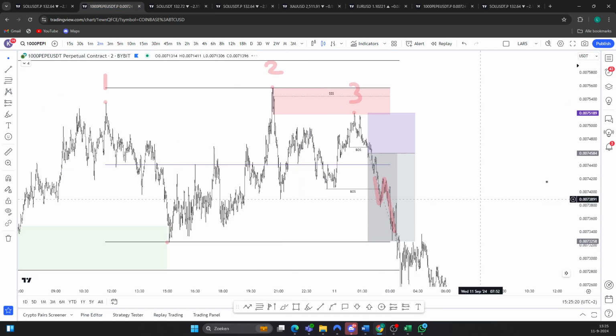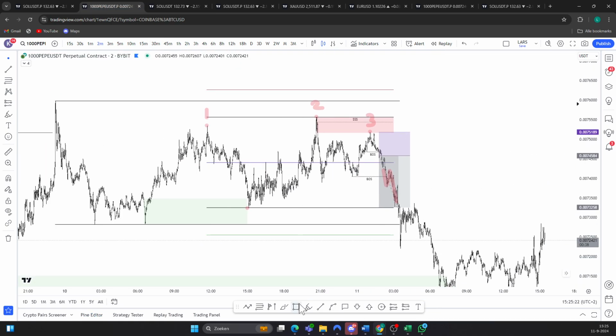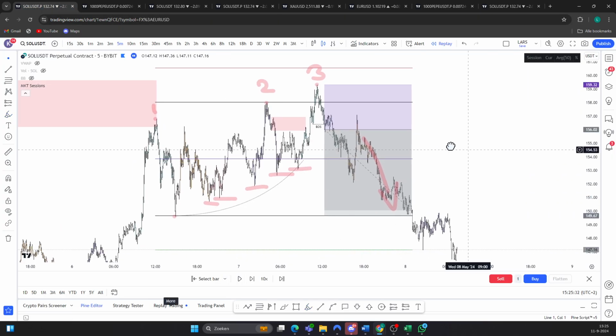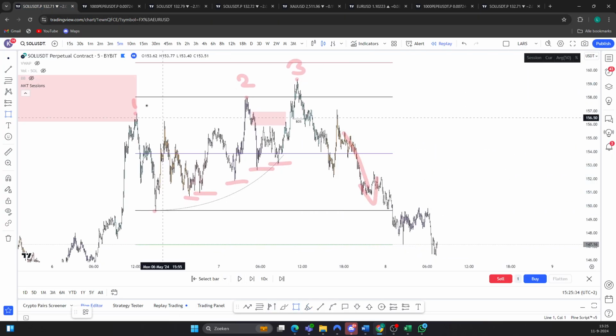But also here, you can actually see price going horizontally, where this was simply a wick. Tap 1 and tap 2 was a wick. Right here as well, you can see price literally go horizontally. Okay, you can see it move sideways.